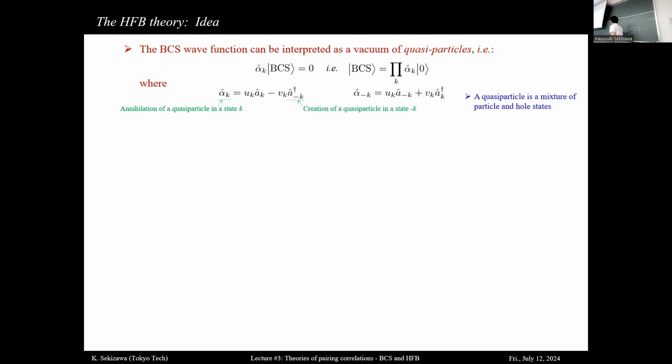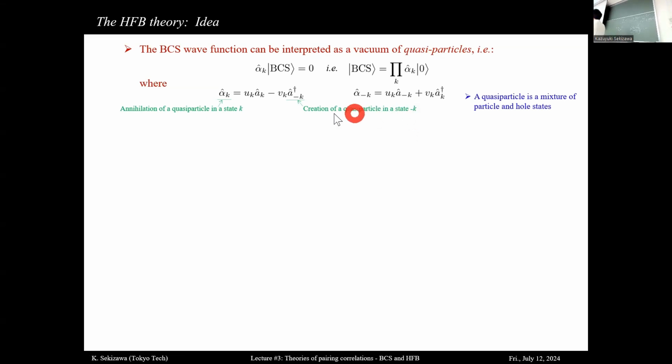If we destroy a particle in state k, it can be viewed as the creation of a hole with minus k. Anyway, the index is somehow opposite. Those quasi-particle creation and annihilation operators are given as a superposition of particle and hole states, I mean a and a†.